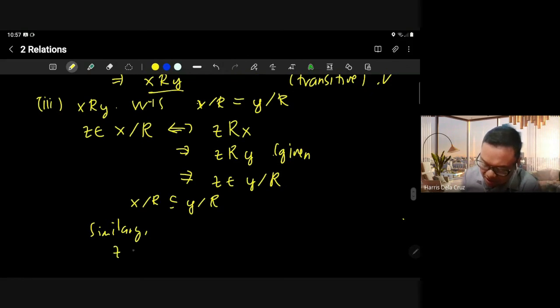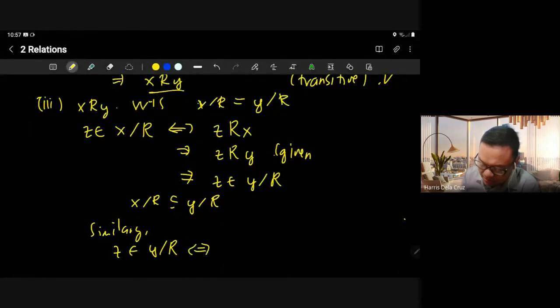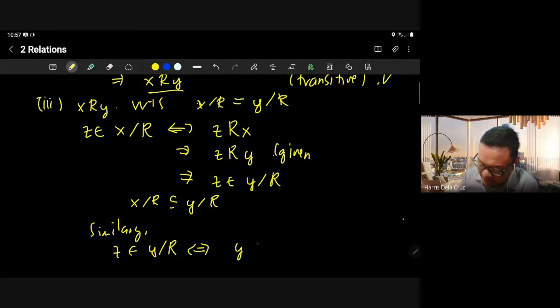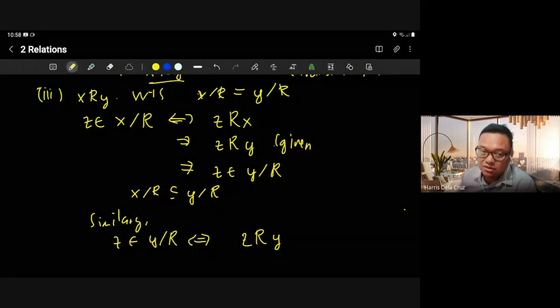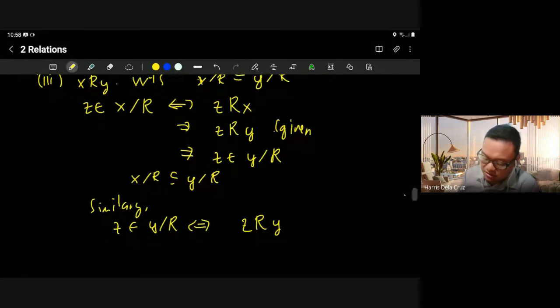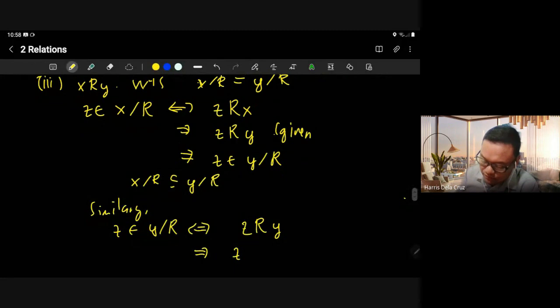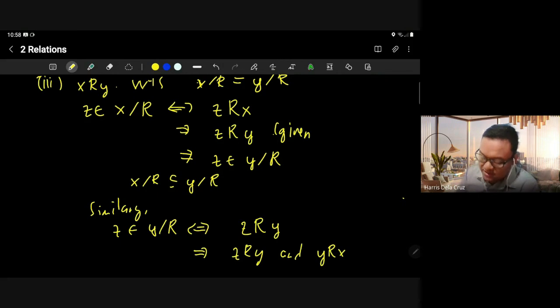Pag ang Z ay element ni y over r, then by the same definition, si Z ay related kay y. But, ang given natin, x is related to y, but since r is an equivalence relation, it must be symmetric as well. So, ibig sabihin nun, pwede mo rin ipakita na yung x related to y ay y related to x by symmetry.